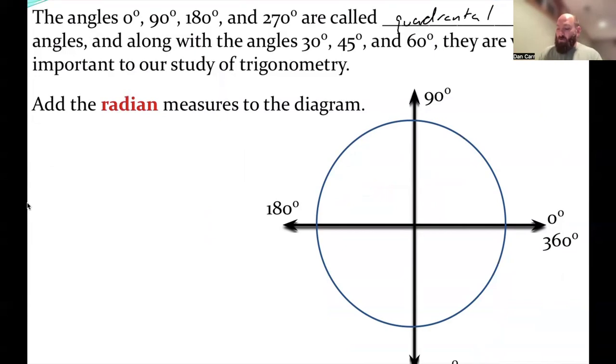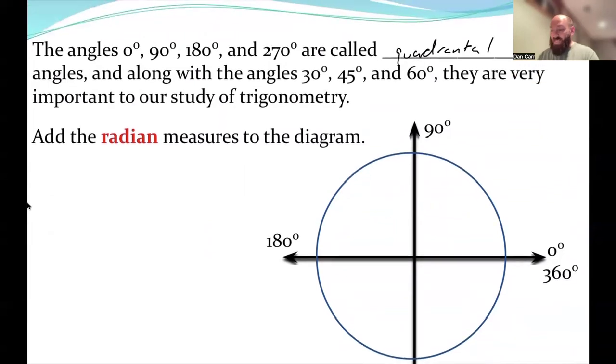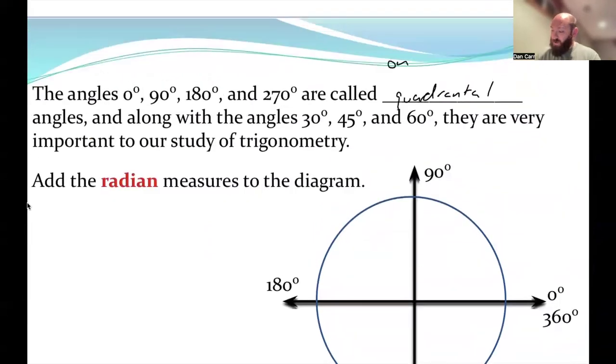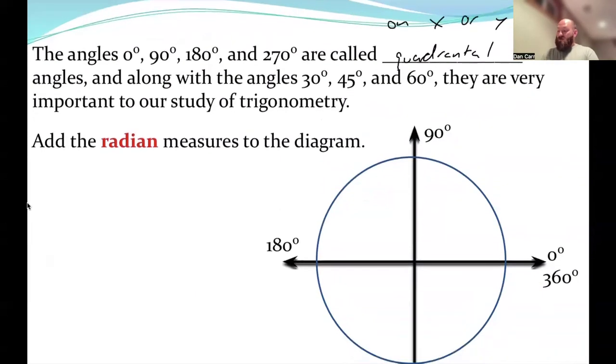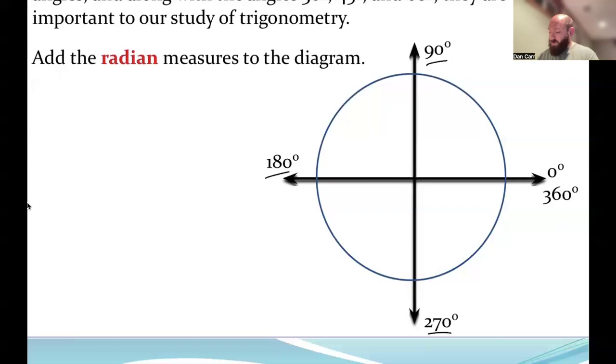So they are very important for our study. So we look at radian measures of this diagram. The quadrantal angles are the ones that are on the x or y axes. Okay. So when we look at this, 90 degrees, 180, 270, and then both 0 and 360.